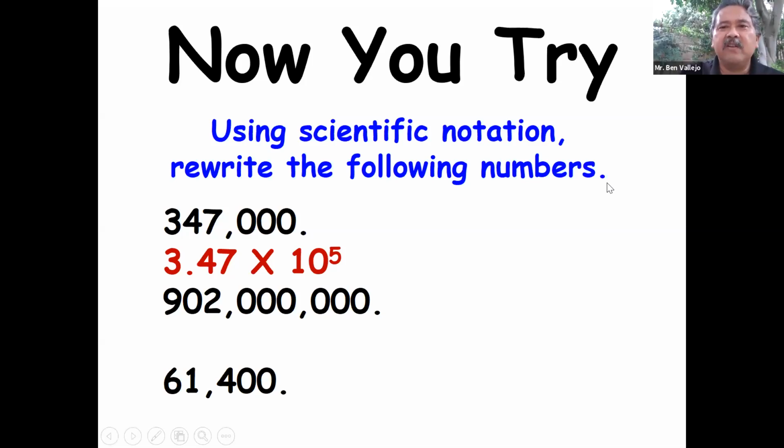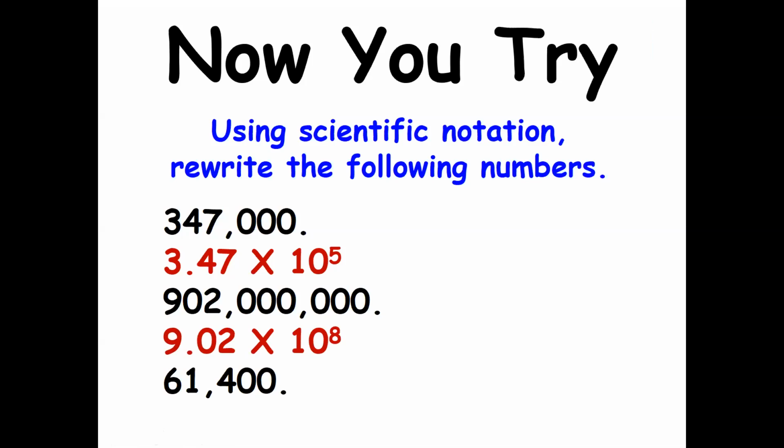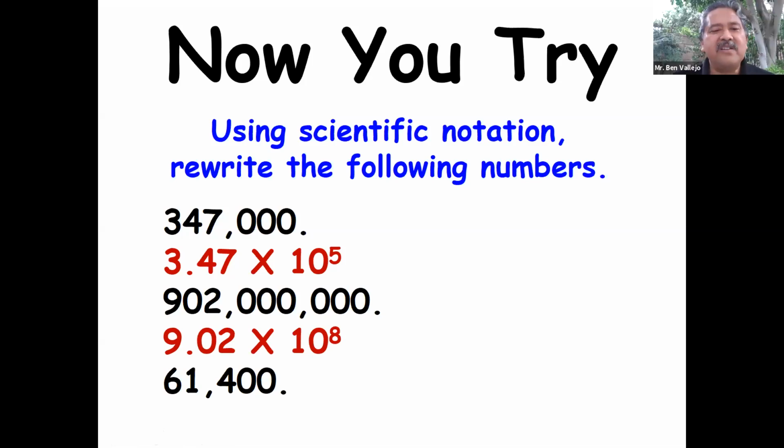Let's take a look at the answers for the other two that we have here, because we're just learning how to do this. Did you get this answer? 9.02 times 10 to the eighth. Can you give me a yes in the participants if you got this? Or you can put a thumbs up if you want to. That's 9.02 times 10 to the eighth. Why? Again, for some of you who are just learning how to do this, you take this decimal and move it over 1, 2, 3, 4, 5, 6, 7, 8 times.